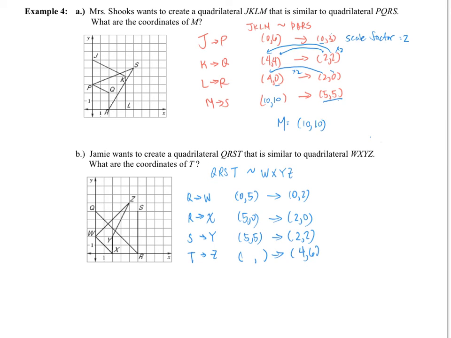And for the next one, we do the same thing. You list out all the points and the corresponding ones. So Q to W, it's 0, 5 to 0, 2. And then we can notice that from 0, 5 to 0, 2, when we look at the y coordinate especially, we can set 2k equal to 5.